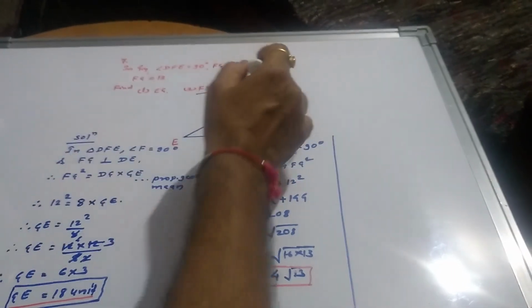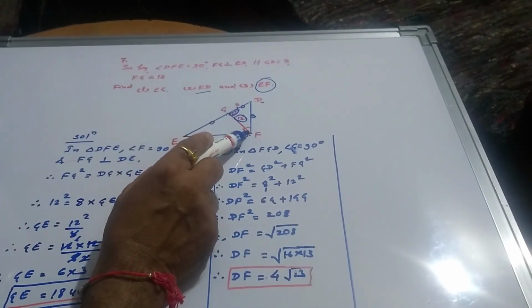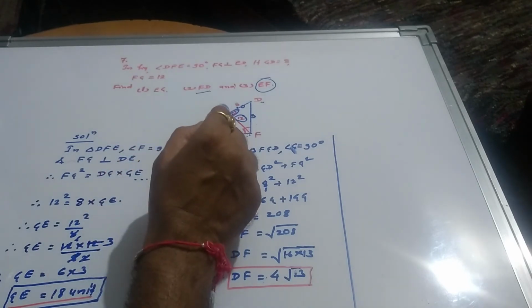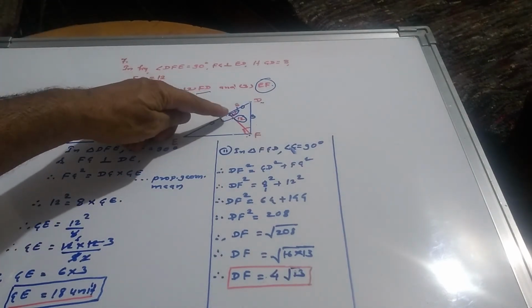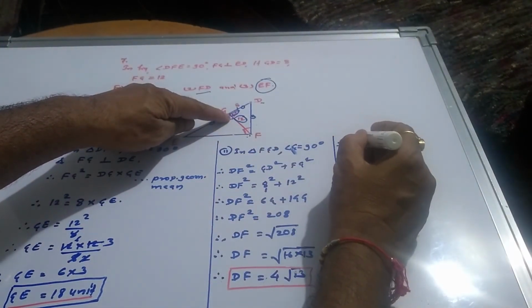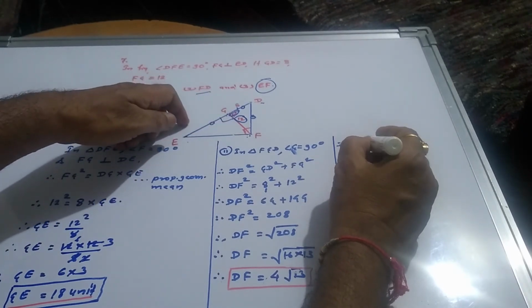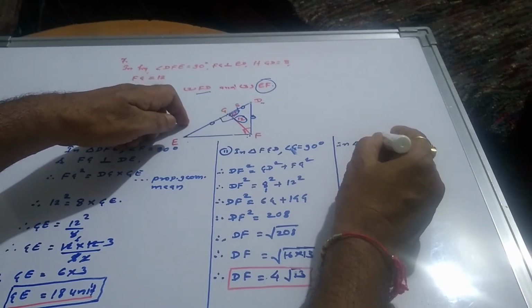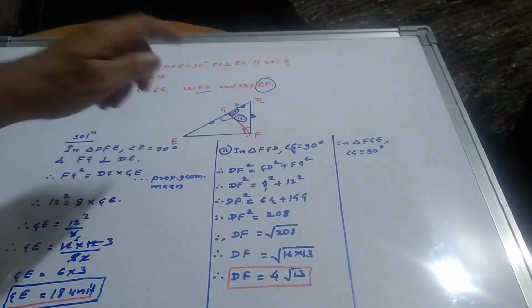Next we have to find EF. So now here see that in triangle FGE, this angle G is 90 degree. FG is perpendicular to DE. So therefore angle G is 90 degree.